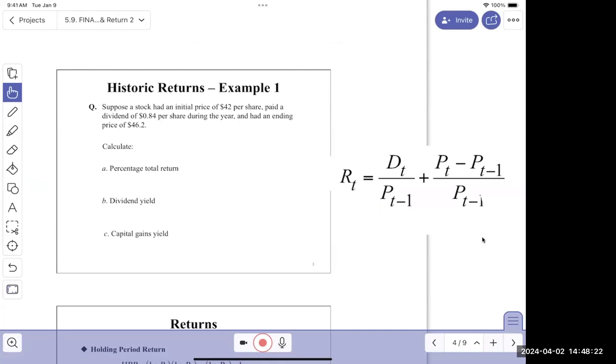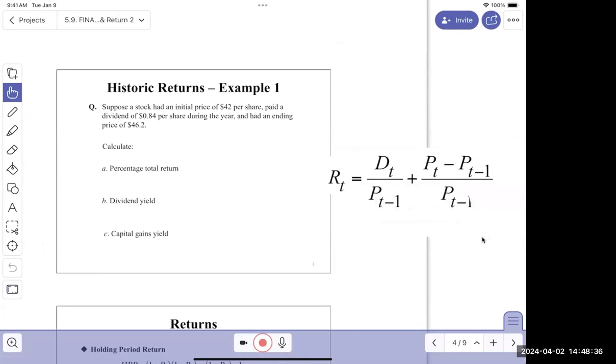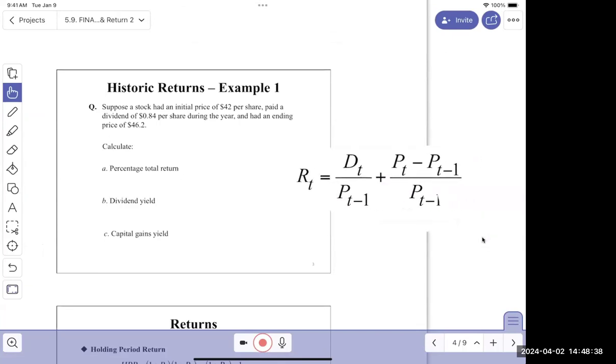Suppose the stock had an initial price of $42. So which symbol is $42? The 42 is the PT minus 1, right? Or initial price. Very good. It paid a dividend of 84 cents.